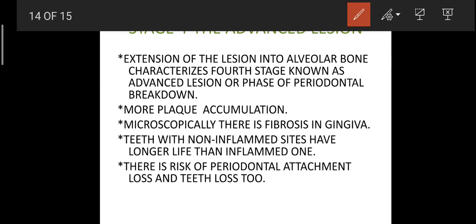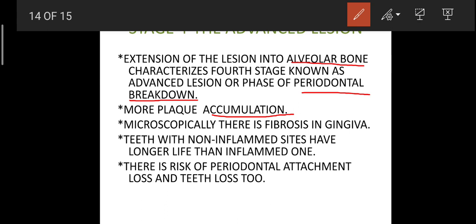Okay, so in this the alveolar bone is also affected, and this lesion is also known as phase of periodontal breakdown, because periodontal destruction also occurs here. Okay, more plaque accumulation. The plaque accumulation is increased day by day.